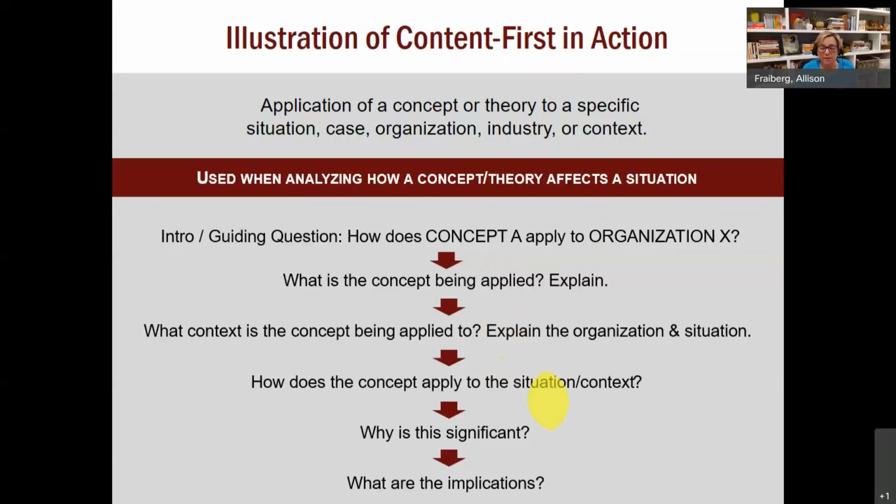And I'm not going to have a detailed discussion of the significance of what this concept looks like in this organization until after I've actually shown how it applies. And I'm not going to deal with the implications until I figure out why it matters. So these movements build out of each other, and I think that is a much more powerful way to organize.